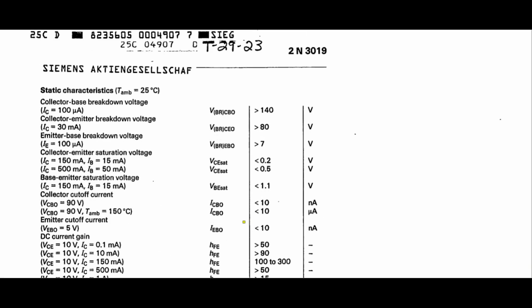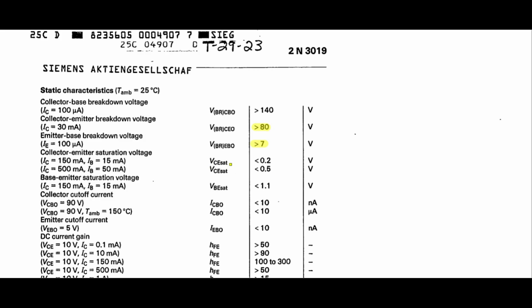And you also have likewise the electrical characteristic, the static characteristic. You have the breakover voltage which is given here, greater than 80, not to go beyond 80, and do not go negative beyond 7.